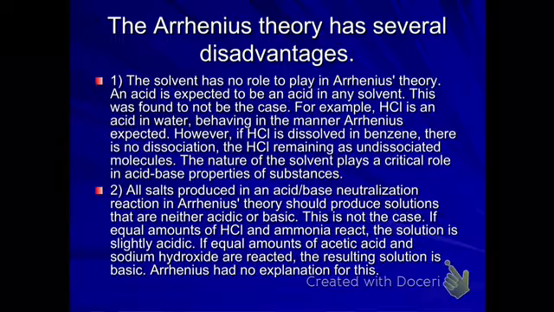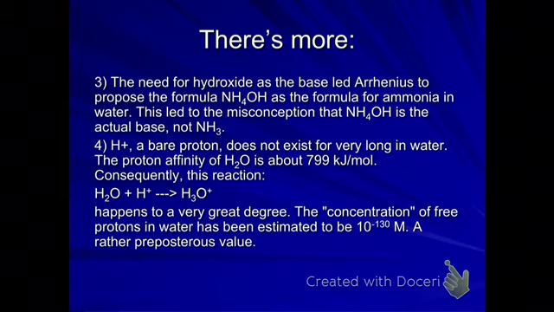For example, if you take hydrochloric acid, which is considered a fairly strong acid, and you react it in equal quantities with ammonia, so 1 mole of hydrochloric acid with 1 mole of ammonia, the salt that you make in that reaction actually affects the pH. The pH of the end solution in this particular case will be slightly acidic, and Arrhenius didn't have any explanation for this. But there are more disadvantages.